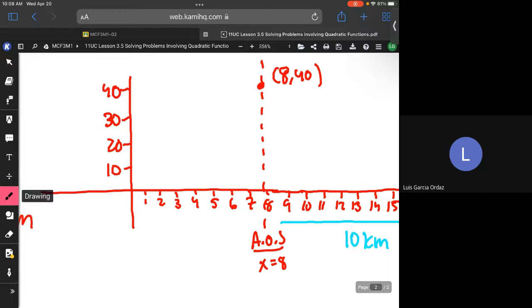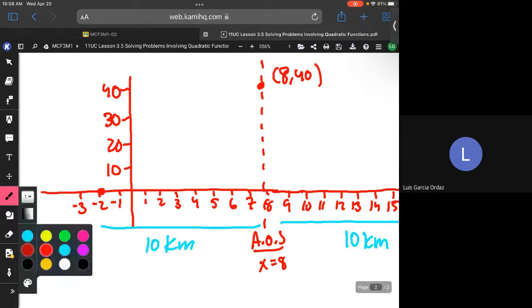So it's -1, -2, -3. What is 10 to the left of 8? Where does that take us? -2. Because this is also 10 kilometers. So 10 plus 10 gives me 20. And that would be the graph.